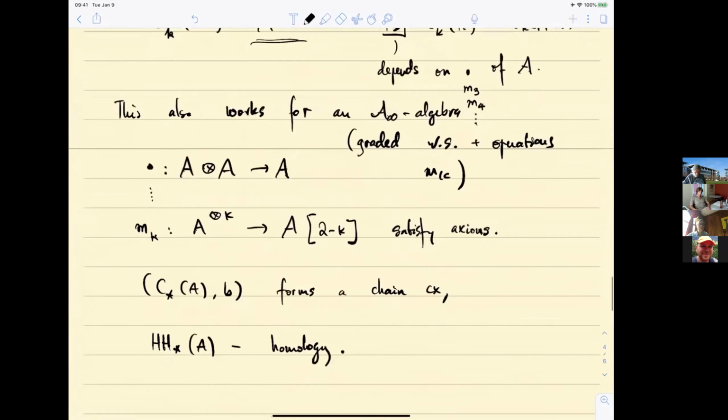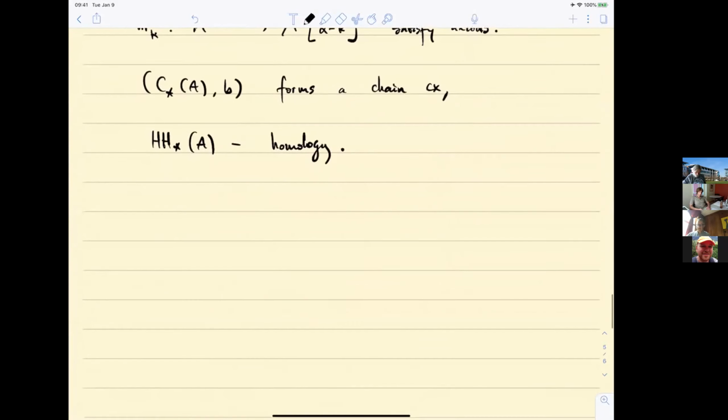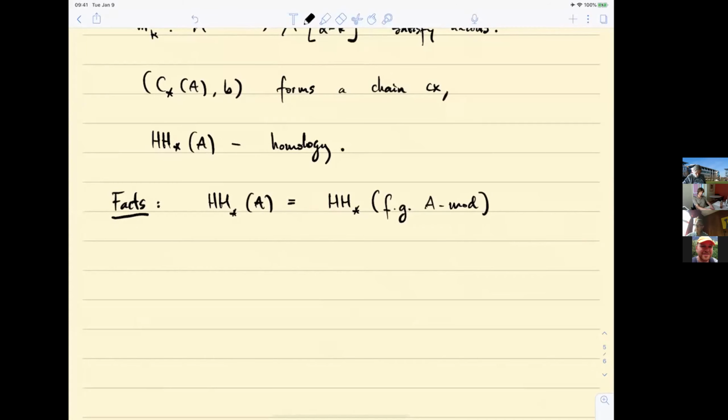Okay. Now, one of the really nice things about Hochschild homology is the fact that, first of all, the Hochschild homology of a ring, if you want thought of as a category with only one object, is the same thing as the Hochschild homology of the category of, let's say, finitely generated A modules. So I told you that you could do the construction of Hochschild homology both for a ring and for a category.